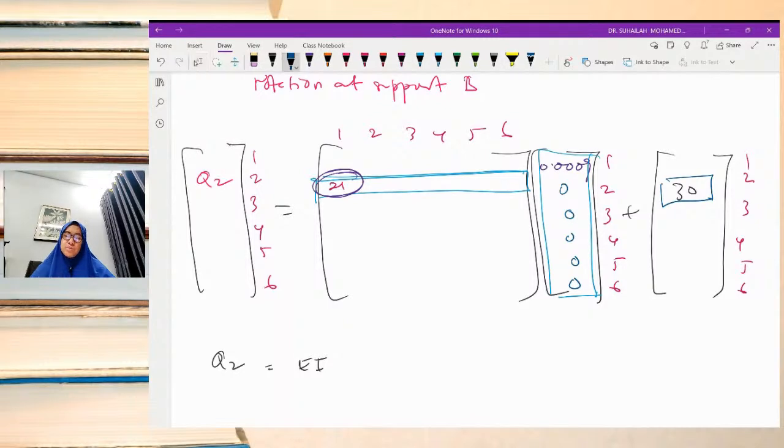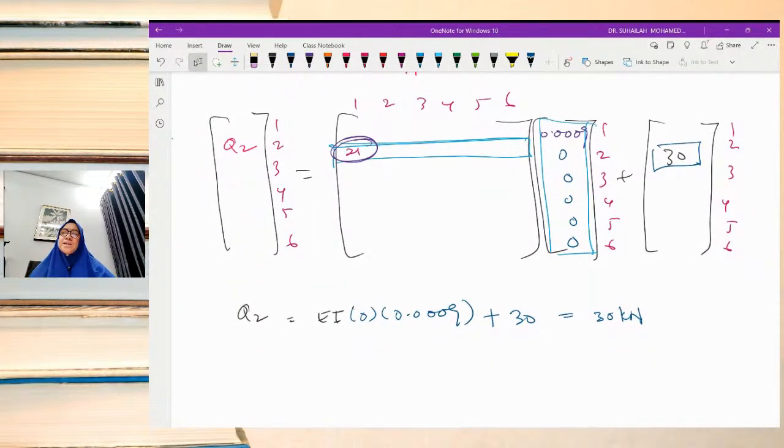So this is 0 times 0.0009, and we add 30. So Q2 is 30 kilonewton.